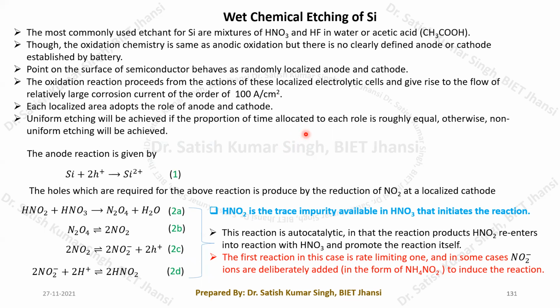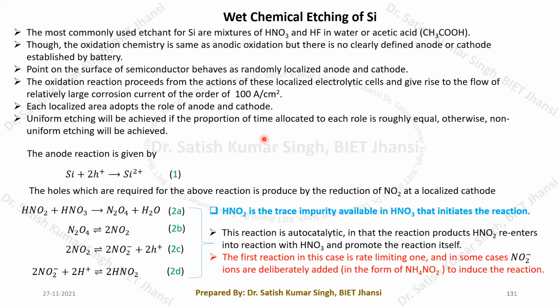So there will be a role reversal taking place as the etching process progresses. That is actually happening within this particular wet chemical etching. At certain points will act as an anode, and other points act as a cathode.